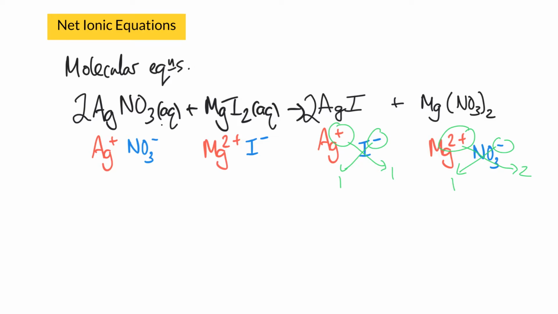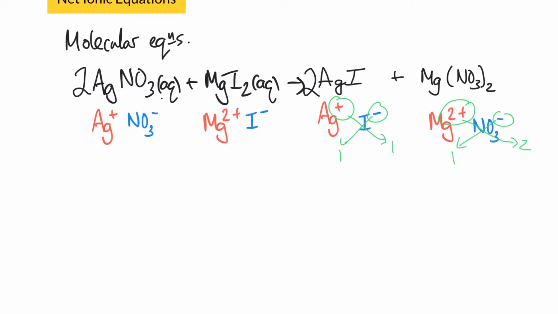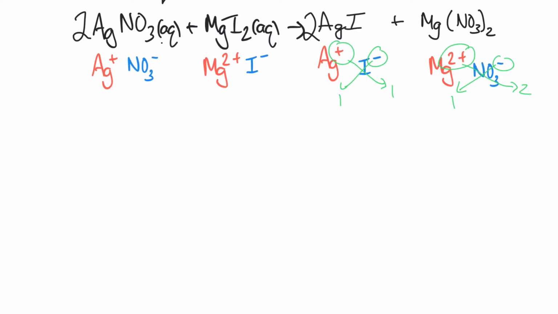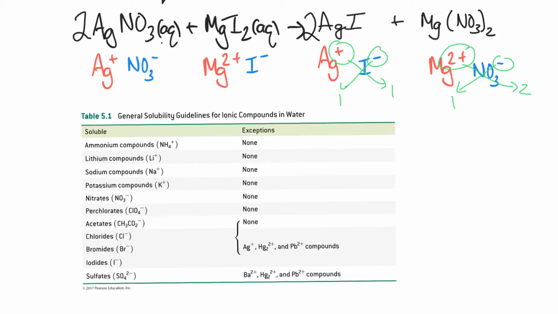So our next step is going to be to figure out which one of these on the right-hand side is soluble and which one is insoluble. So we will need our friends, the solubility rules, for that. So let's push everything up the screen and bring on our solubility rule table. Remember, our solubility rules basically tell us what dissolves in water.